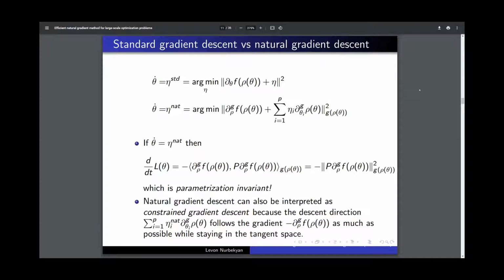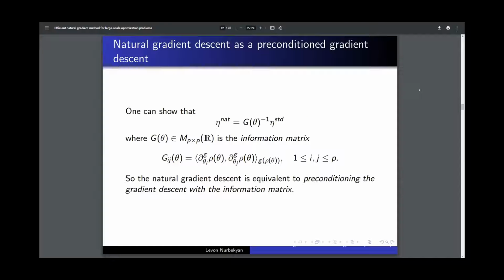Okay, and in some sense, natural gradient descent can also be interpreted as constrained gradient descent, where we're trying to minimize the functional f, but on a constraint given by our forward model. One can also, after doing some algebra, see that the relation between the standard gradient descent and the natural gradient descent is as follows.